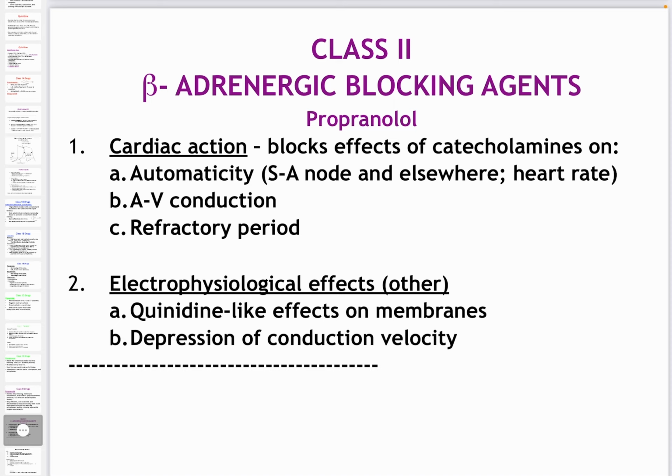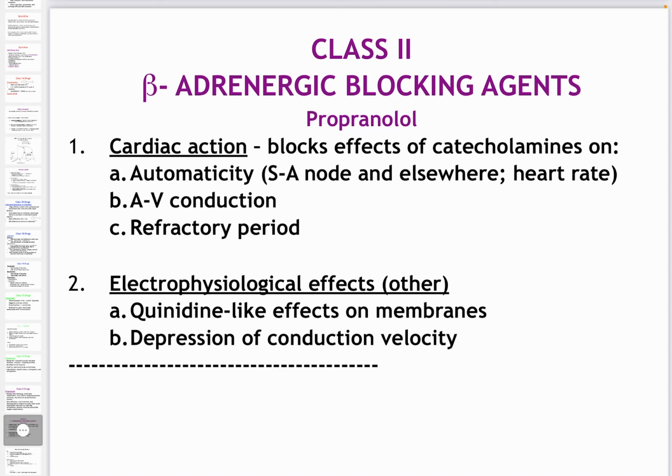Yes, because it is non-selective, so we have the beta 1 adrenergic receptor, and I want you always to try to remember the fight or flight response, and this will help you remember what are the effects of the sympathetic nervous system. For the bronchi, when I'm in a fight or flight response, my bronchi need to dilate to allow more oxygen to enter the lung to get diffused to the body.